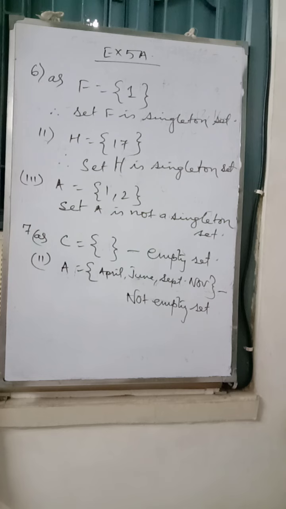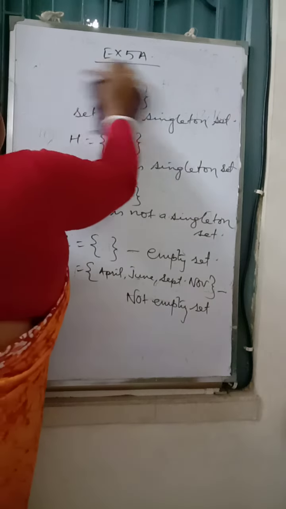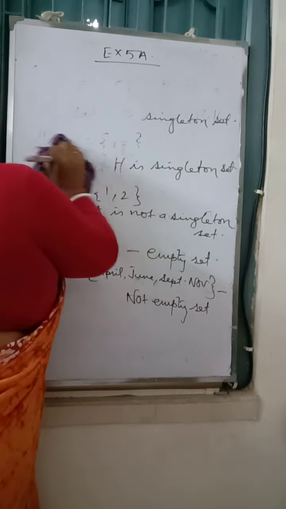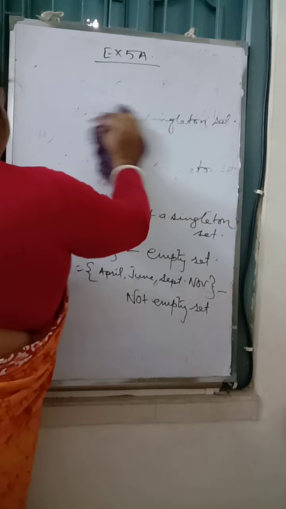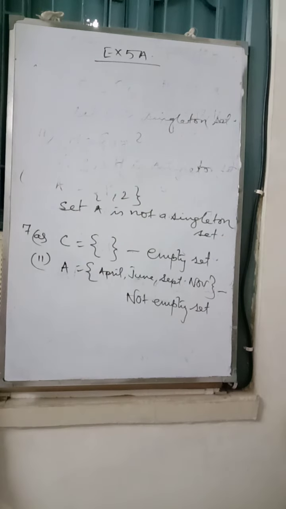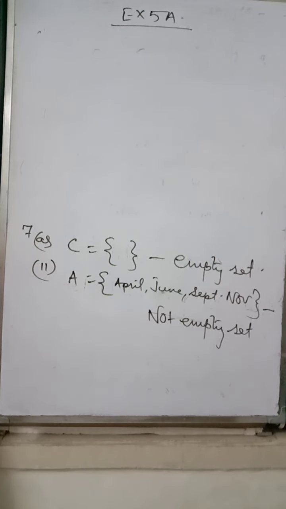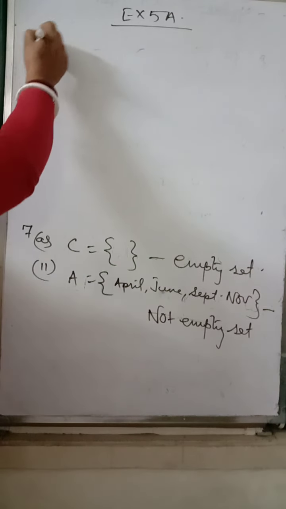Now number 8, it says write whether the sets are disjoint or overlapping. Now look at number 8. It says which is overlapping or disjoint. Question number 8a.